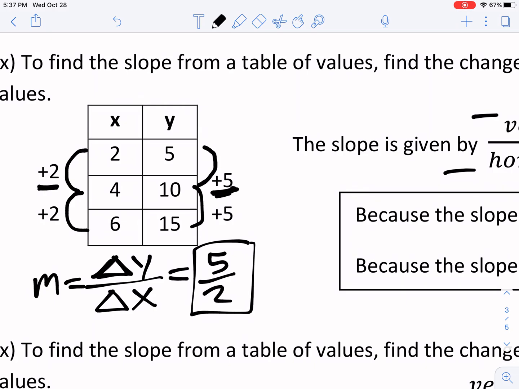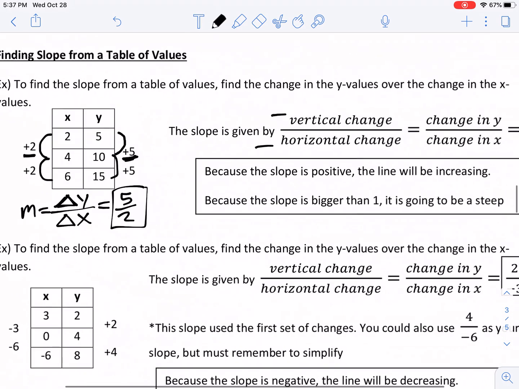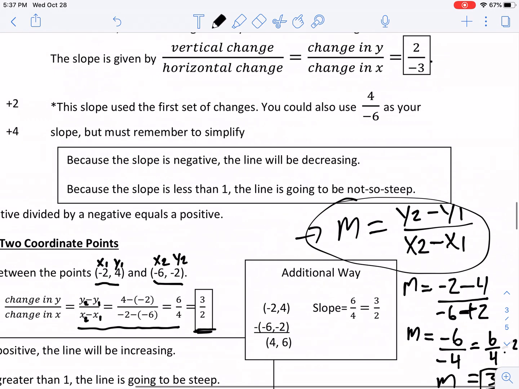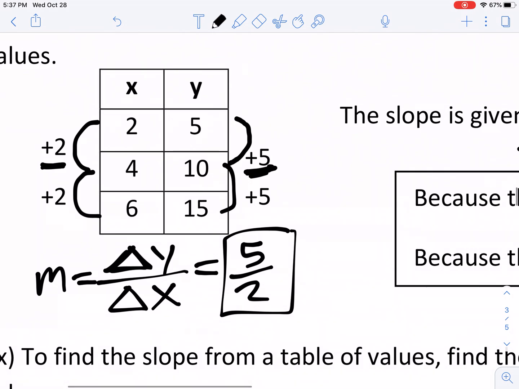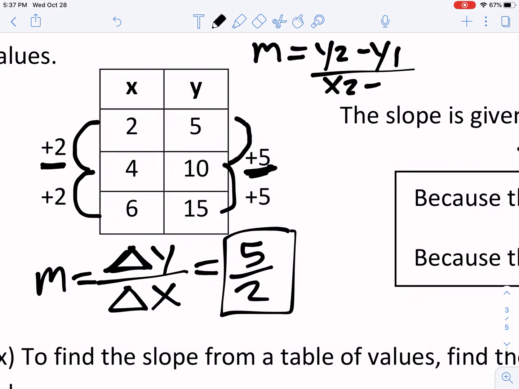Another approach to find the slope from a table would be using the formula we use for the slope of 2 points: m equals y2 minus y1 over x2 minus x1.